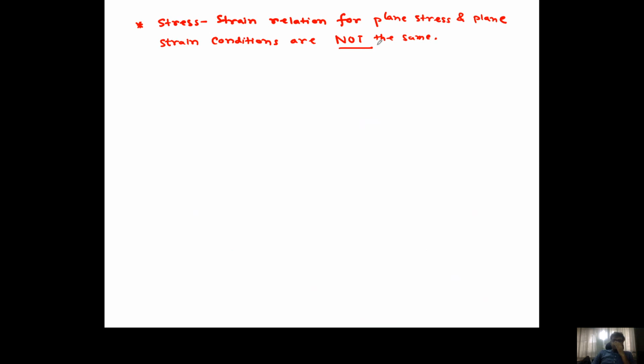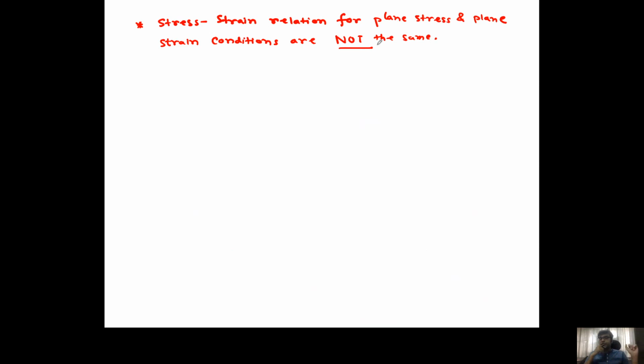And now what we are interested in is to write down the constitutive relation and then see if we can arrive at a single partial differential equation which satisfies the compatibility condition as well as the equilibrium condition.